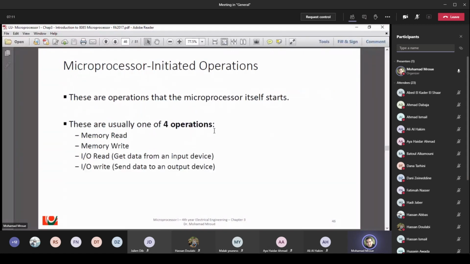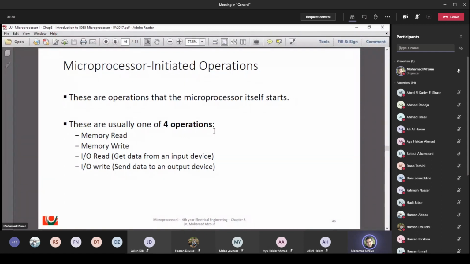The microprocessor initiated operations are operations that the microprocessor itself starts, and these are usually one of four operations: memory read and memory write, to read from memory and to write in memory, and we have the input-output read and the input-output write.